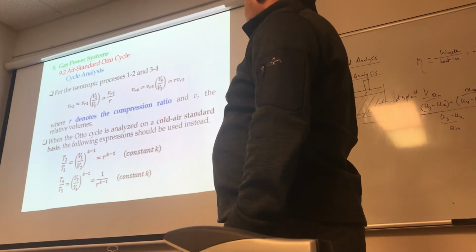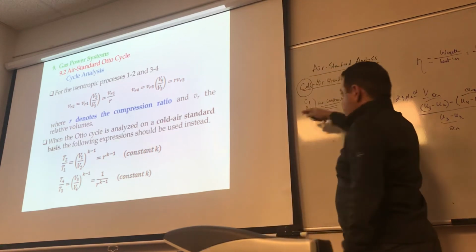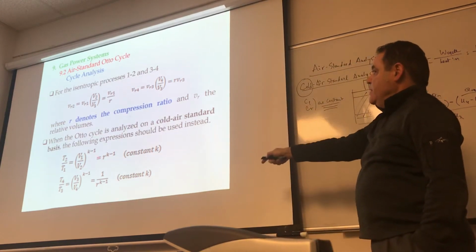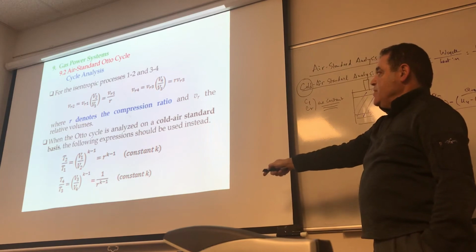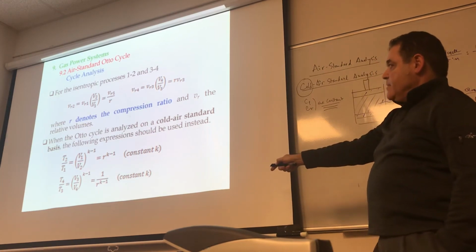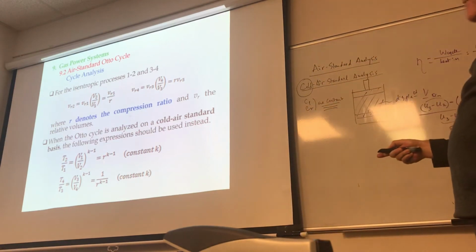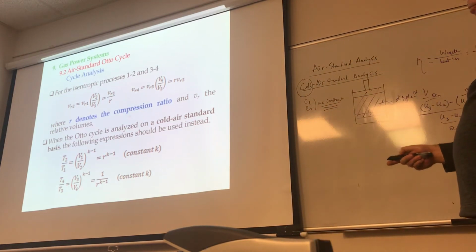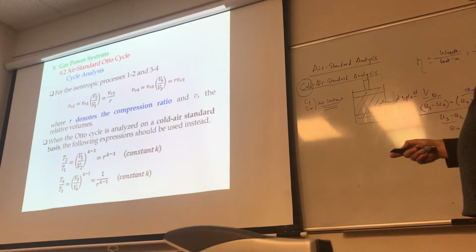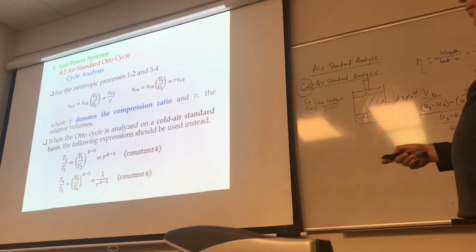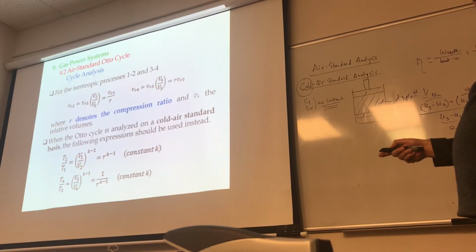And if it's a cold air standard analysis, you don't even have to do that. You can use this equation. Because for cold air standard analysis, c sub v is equal to a constant, and we determined these equations also in chapter 6. So between two states, T2 and T1, because that's where the isentropic stuff is happening, or T4 and T3, the temperature changes are linked to the volume changes.